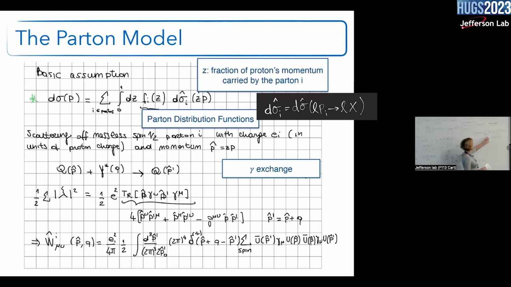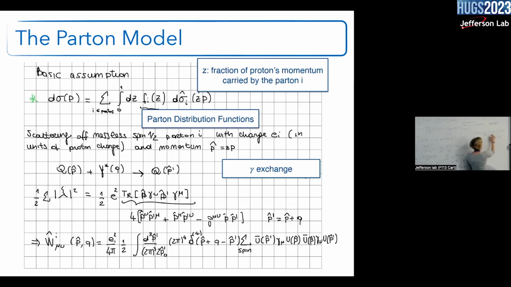I'm basically summing over all the partons the partonic cross-section, times the probability that there exists a parton i that carries a fraction z of the proton momentum.